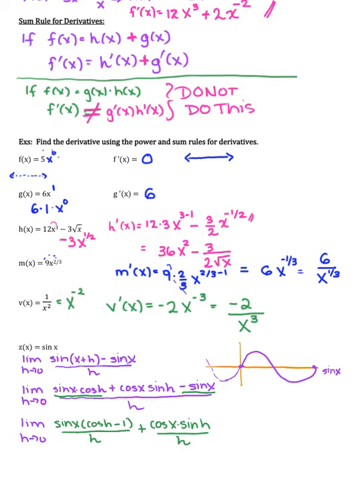Okay, I realize I'm getting a little bit ahead because there are some things here you don't know yet, but sine h over h, you're going to learn about something called the squeeze theorem later on, that this limit right here is going to approach 1.